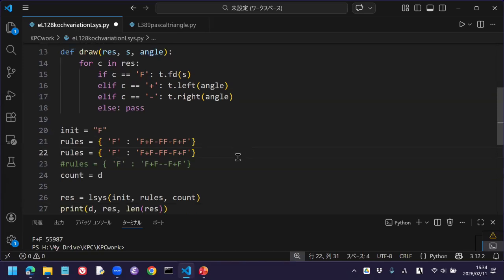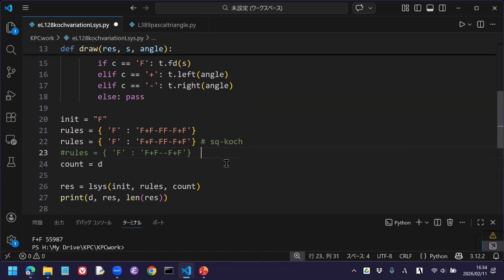So this is square Koch. This is Cesaro. And then we have the next one, which is Lévy. So Lévy is quite simple, right?